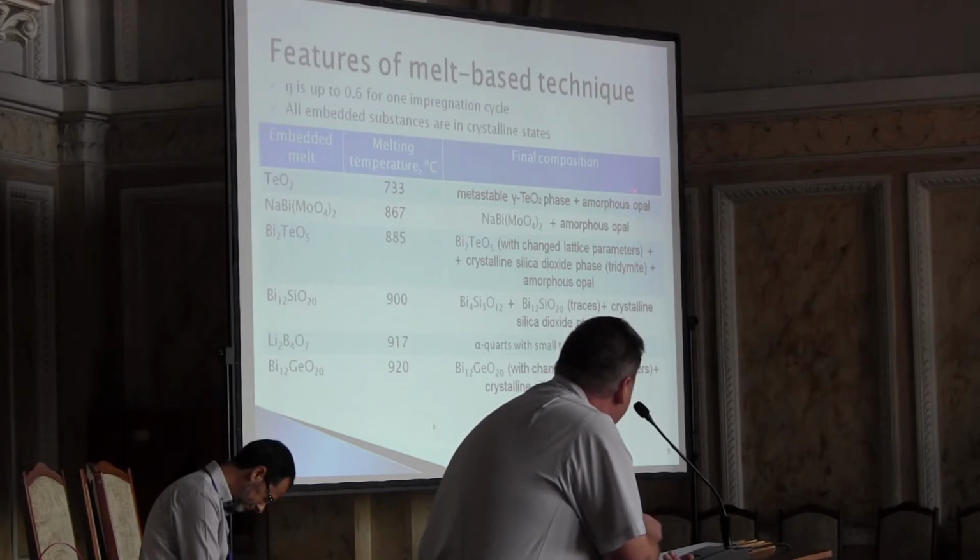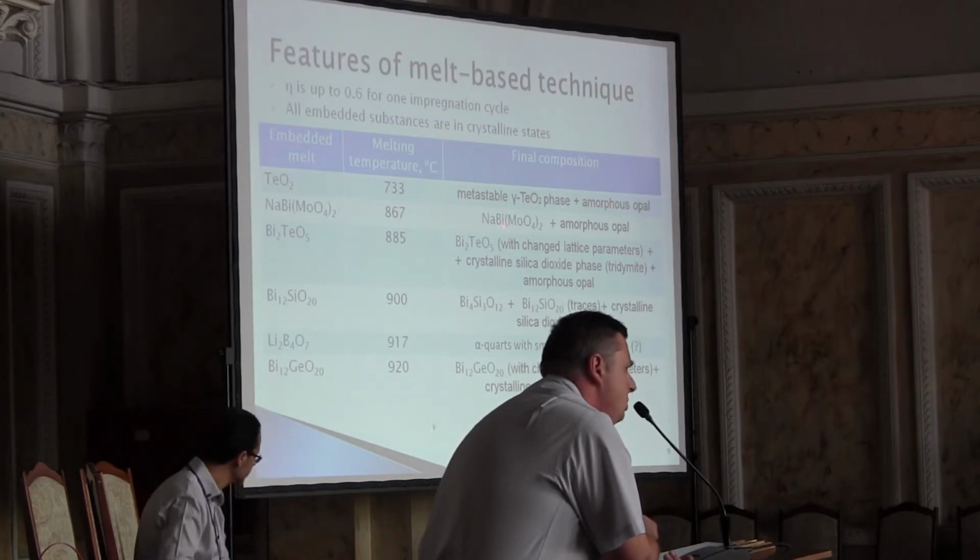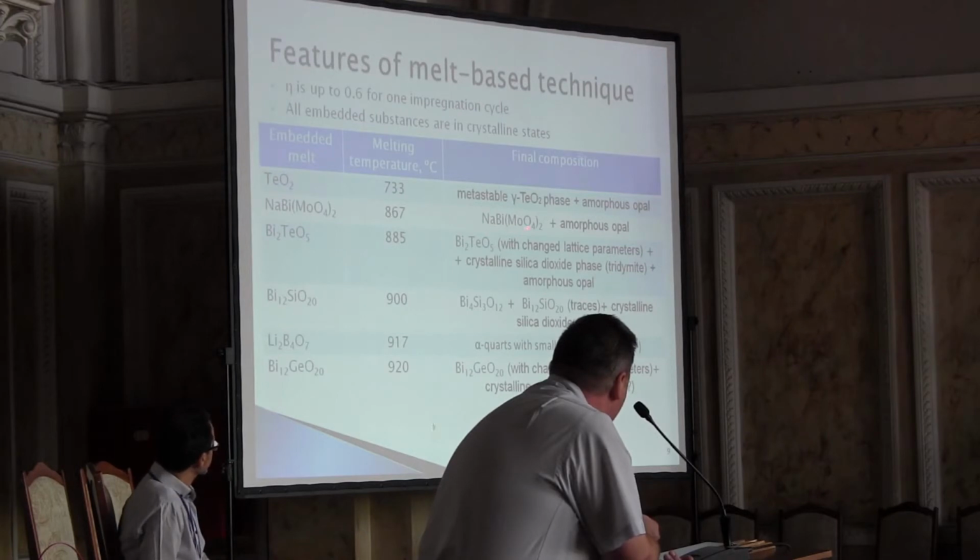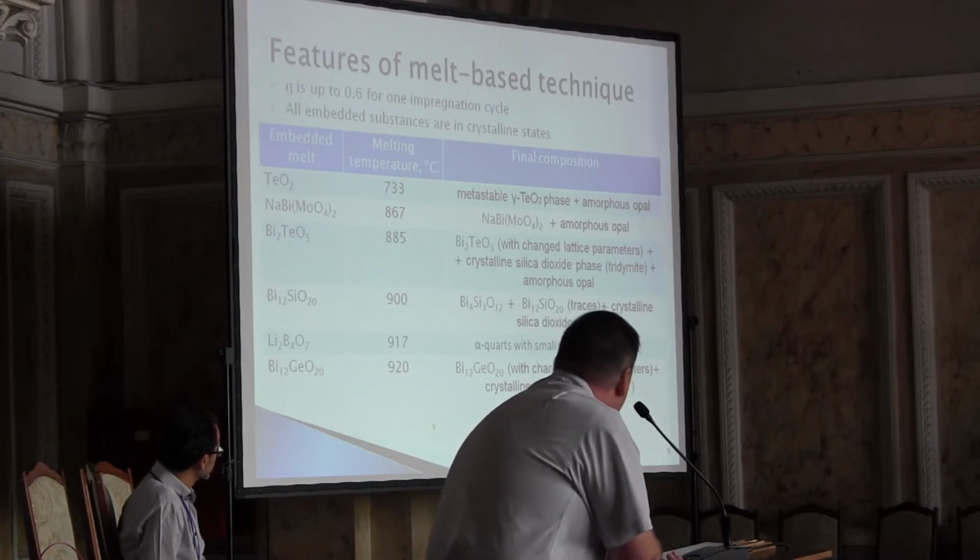And in this case, we have the same substances we embed, and opal has an amorphous state. This is a result of investigation by Raman spectra and X-ray diffraction pattern.